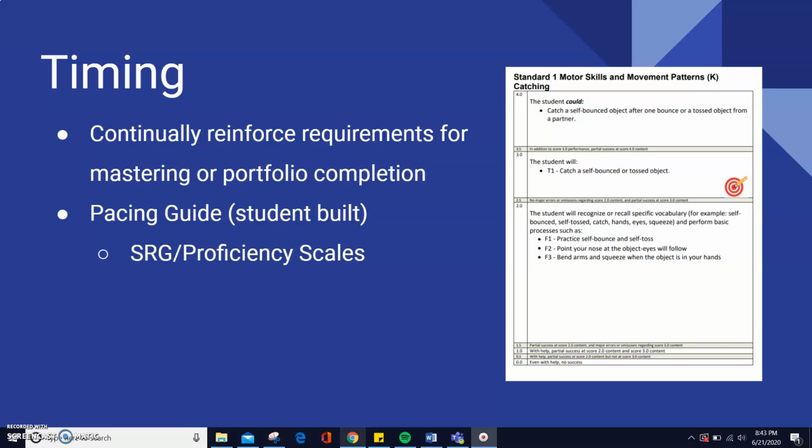Making sure that they are getting check-ins in the form of maybe a student-built pacing guide allows them to build skills in setting benchmarks that they have to meet along a timeline to eventually reach a final destination. We currently use standards-based grading, and proficiency scales like the one I have posted are a great tool to help facilitate that.